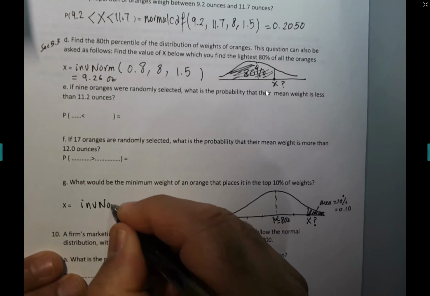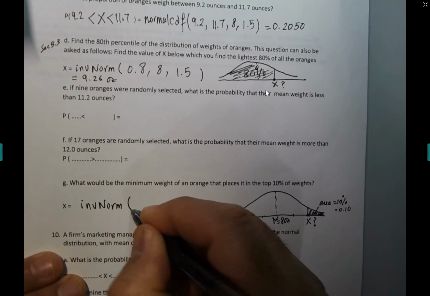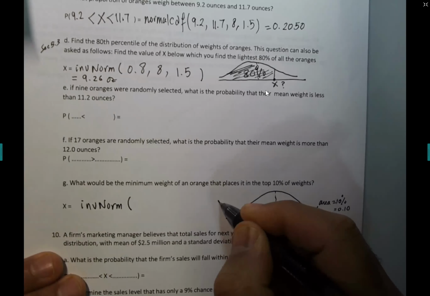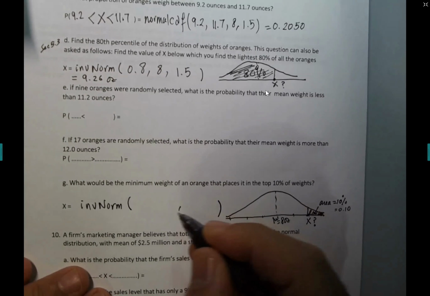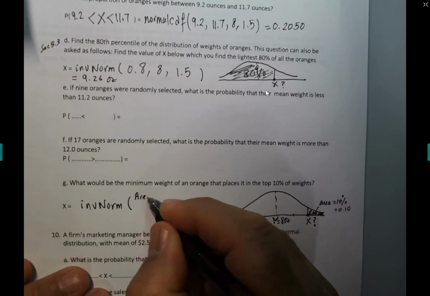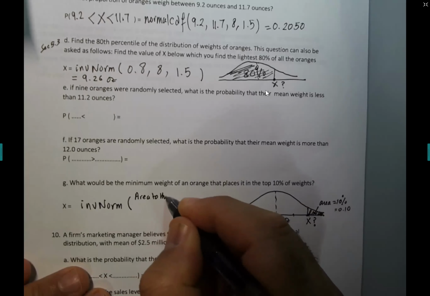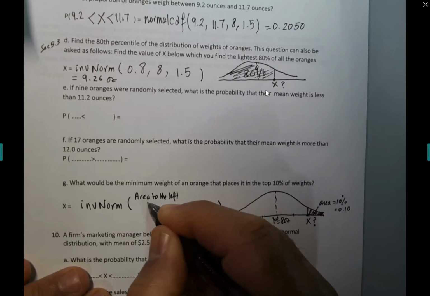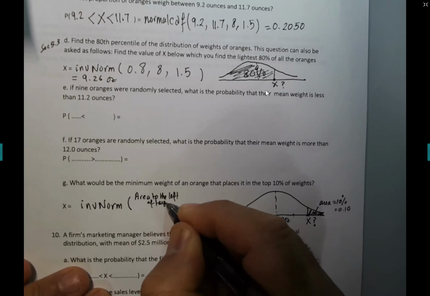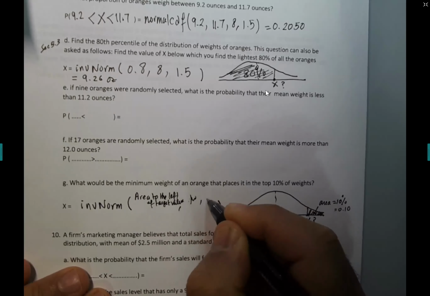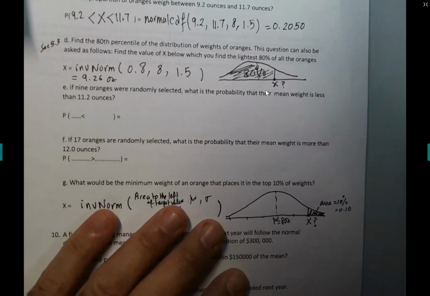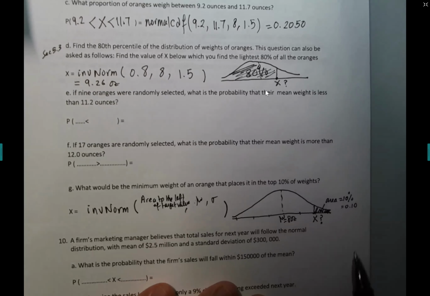But I'd like to bring to your attention something here. Unless you have the newest calculator, you don't have to worry about it. But with most calculators, you need the area to the left of the target value, you need the mean, and you need the standard deviation. Watch here, guys. Please pay attention to this exercise.